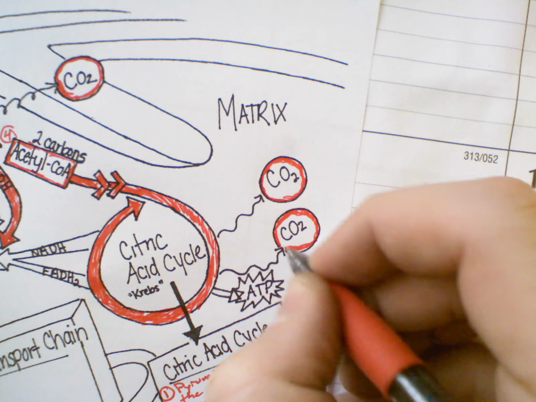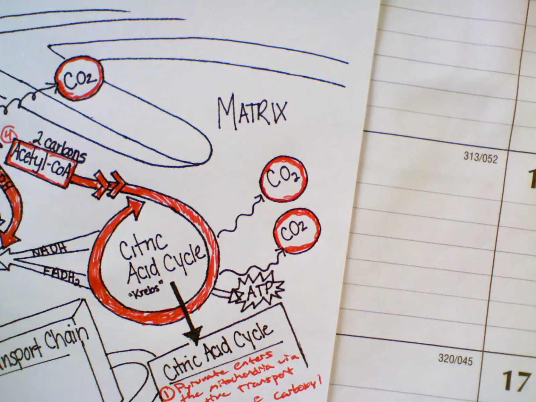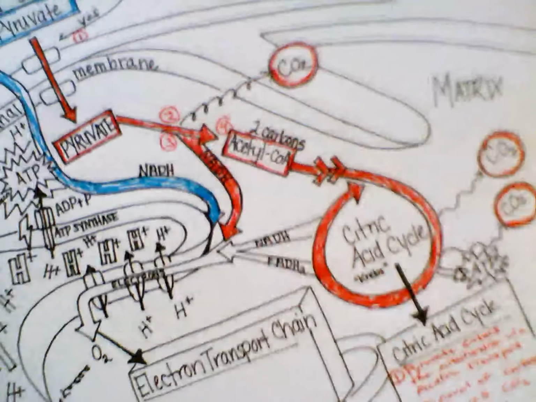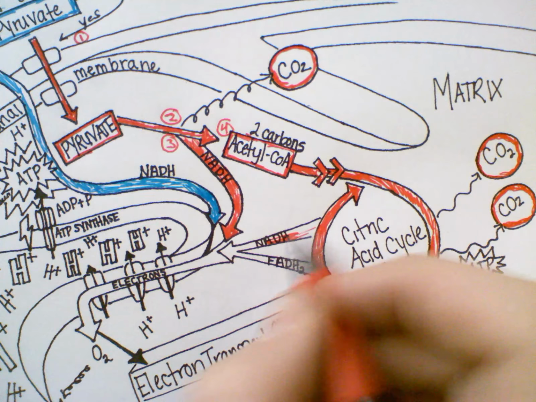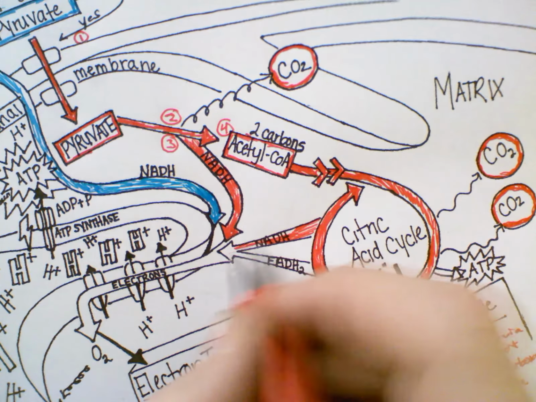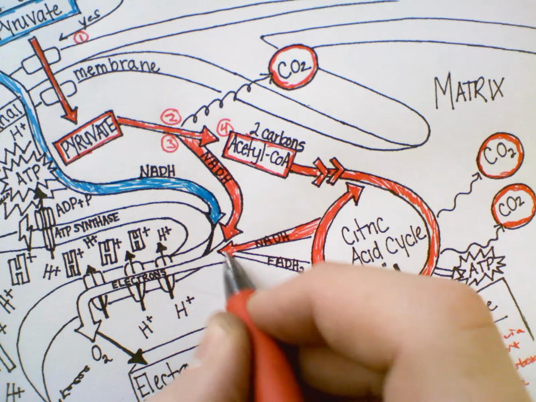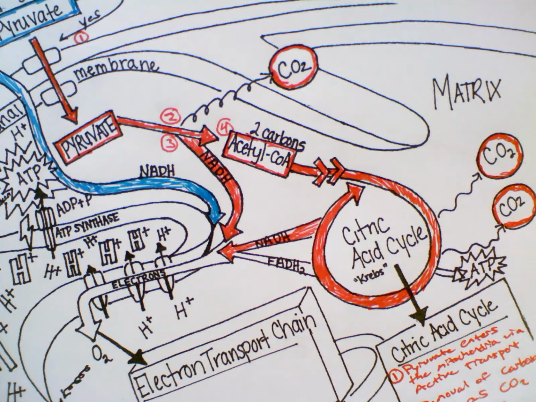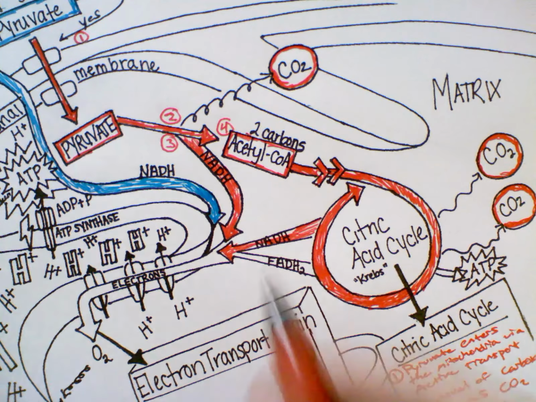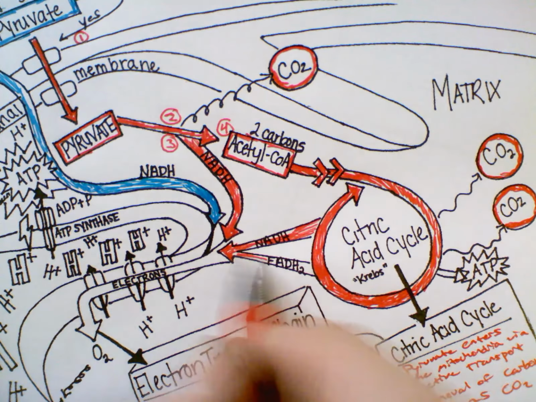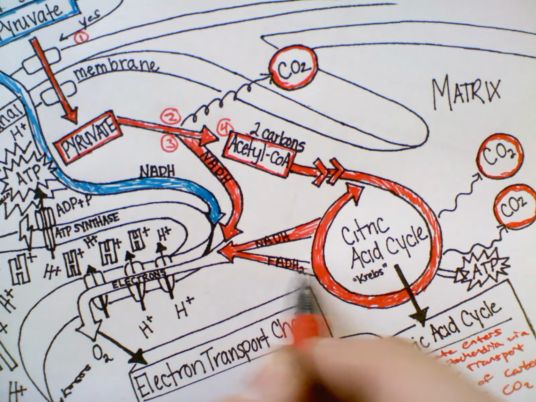If we oxidize something, then that means we're able to reduce something else. What do we reduce? We reduce the NAD pluses into NADHs, which then go to the electron transport chain, the ETC. We reduce the FAD pluses. Anyway, we reduce those down into FADH2, and those transport electrons to the ETC, the electron transport chain.